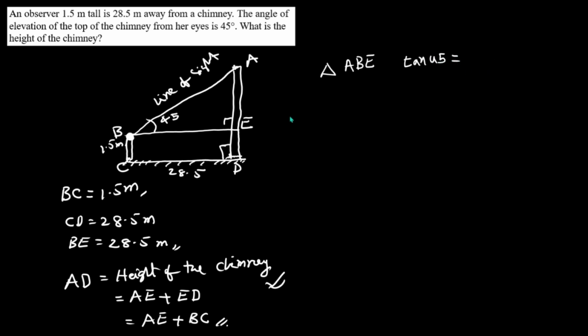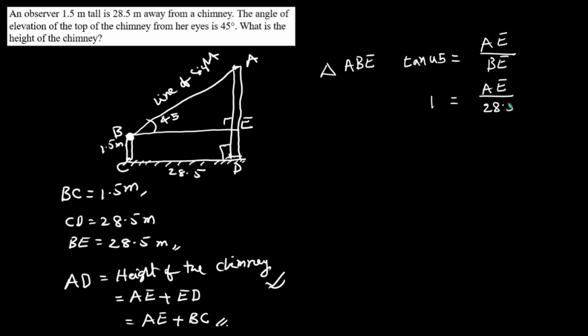What is the opposite side? AE, and the adjacent side is 28.5, so BE. BE is equal to CD. If you put it here, it is AE by BE. So tan 45 is 1, which is equal to AE by, okay, here what is BE?